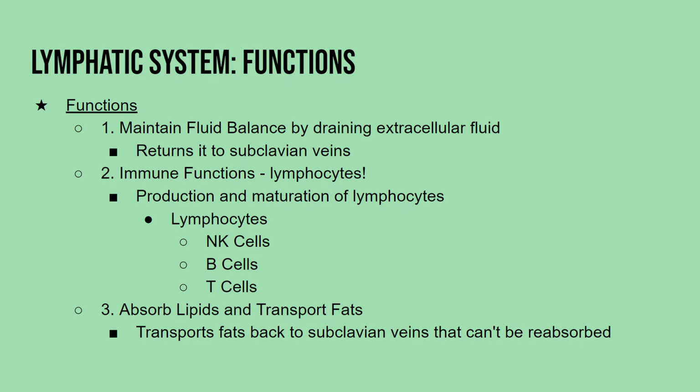So it helps with the production and maturation of lymphocytes, and lymphocytes are natural killer cells, B cells, and T cells. And then third, the lymphatic system absorbs and transports fats. So it helps transport fats back to the subclavian veins that can't be reabsorbed, so they can enter back into circulation.